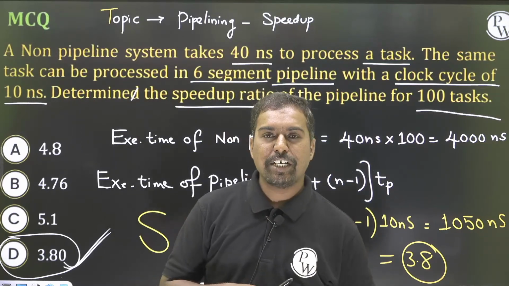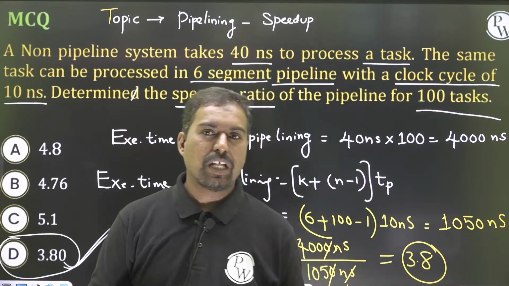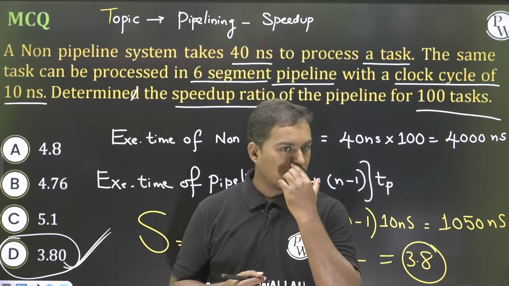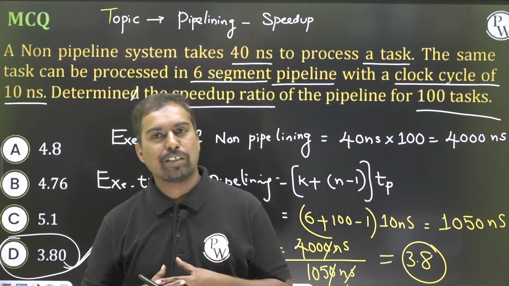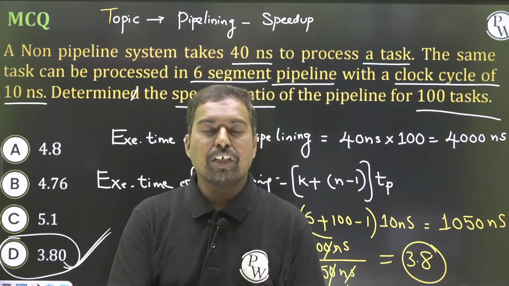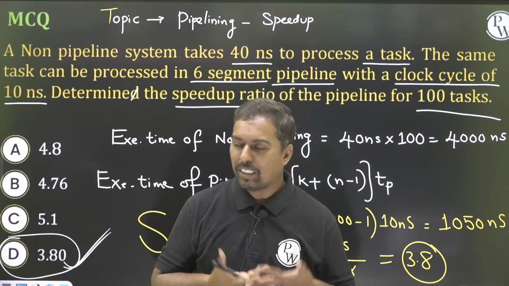I collected the 2022 and 2021 papers, and there were no COA questions, but as it is included, we have to think of what type of questions can be expected.